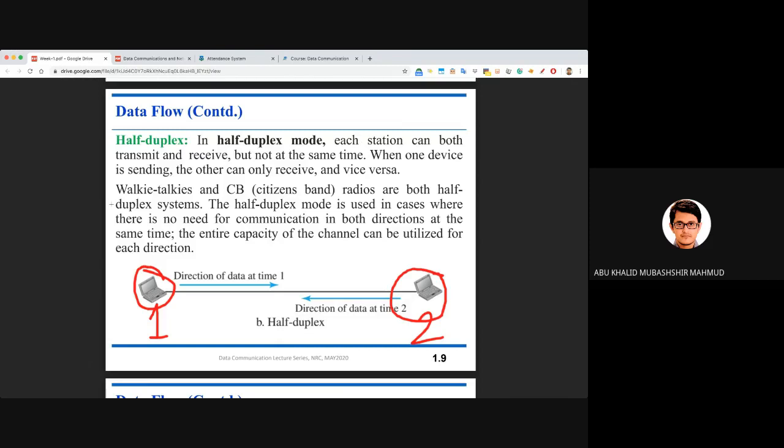The best examples are the walkie talkies and CB radios that we see on the handheld devices used by police sergeants or traffic police.